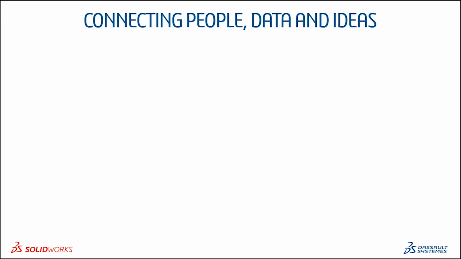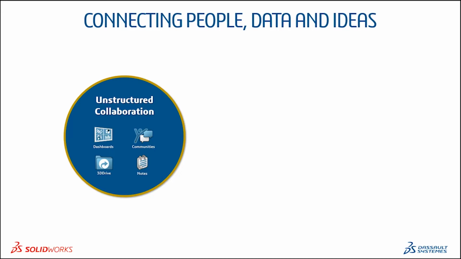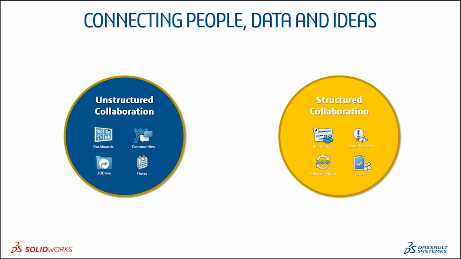So, in using DraftSight, you could connect people, data, and ideas. For example, you have an unstructured collaboration, like you would use the dashboard, you would go to the communities to check for any updates or any news, and you would use your 3D drive for the files, while the structured collaboration using DraftSight, so the project plannings, the issue tracking, and the life cycle of the drawings, and you could also post the task for each individuals that concerns in the project.